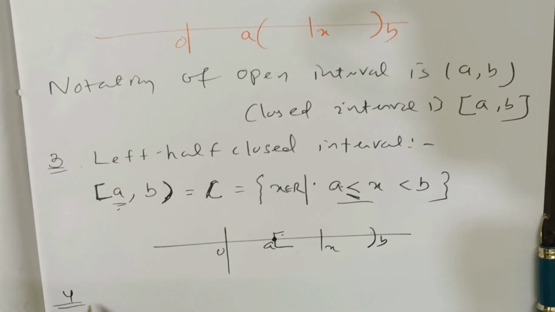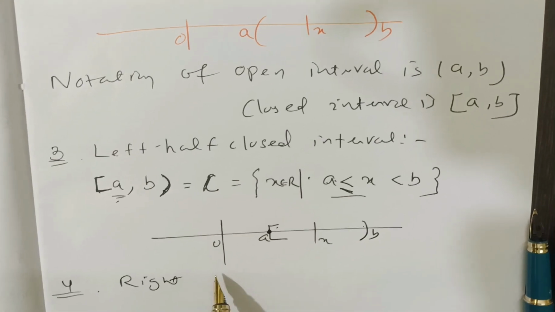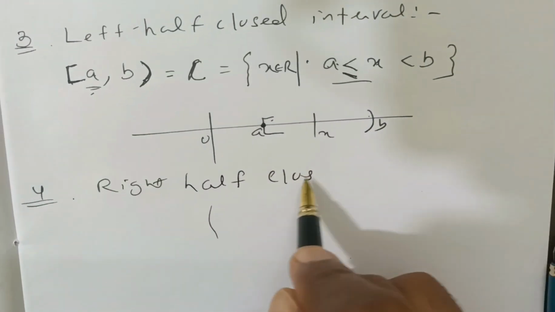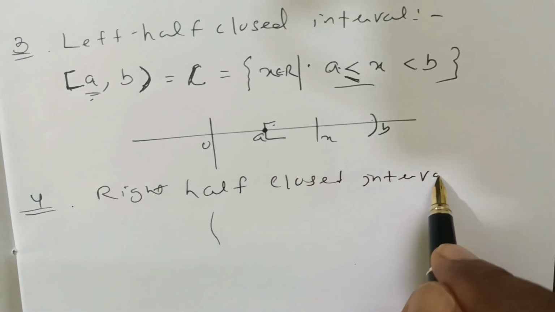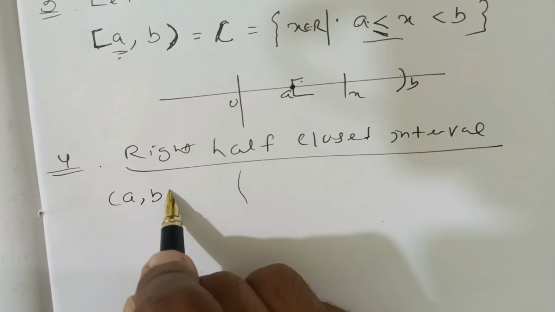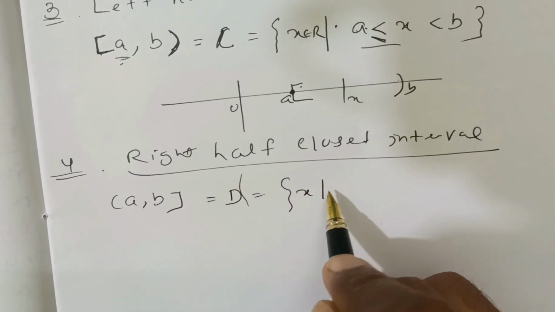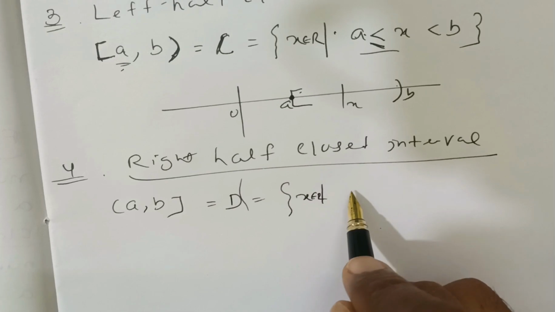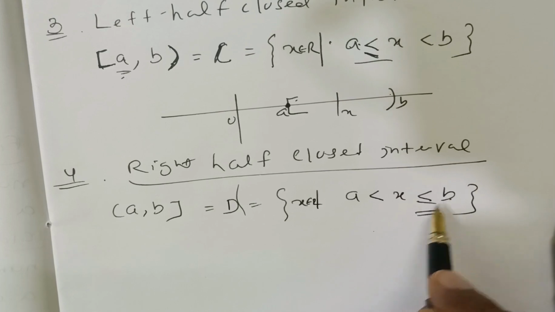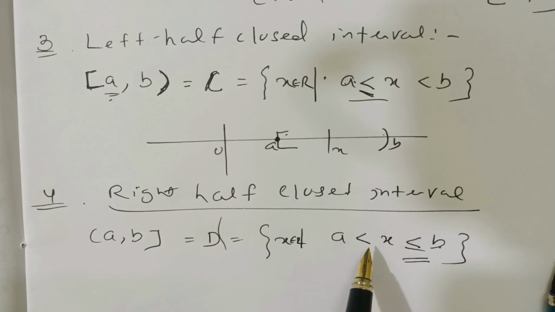Similarly, friends, the fourth interval is the right half closed interval, and this is noted by (A, B]. It is the collection of all x, x element of R such that A is less than x is less than or equal to B. Here see, B is included in the set but A is not included.